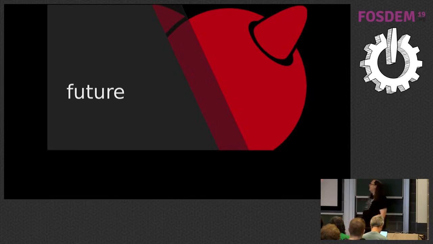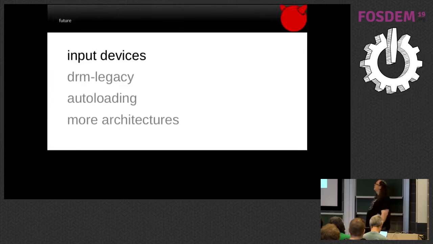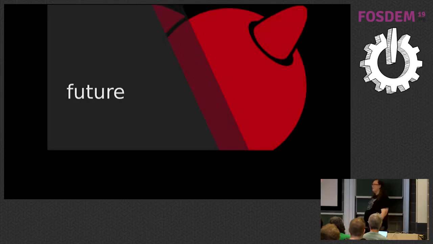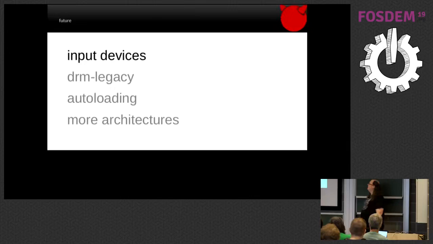So in the future, this is me gazing into the crystal ball, but I think what's going to happen in the future, we never know. First off, input devices. I've talked a little bit about this, about FDev, about lib input, things like that. This is an area where Linux is changing how they're doing it, and we kind of need to tag along.